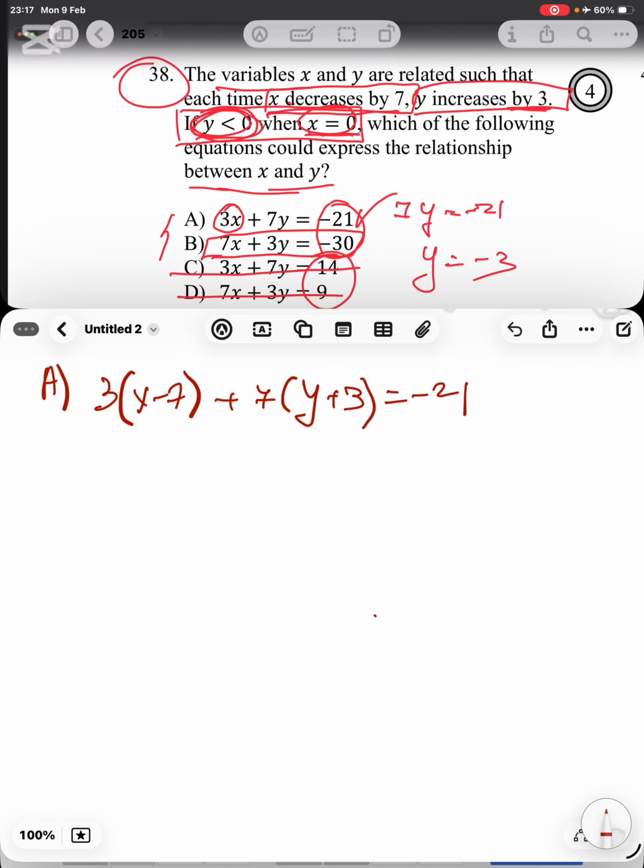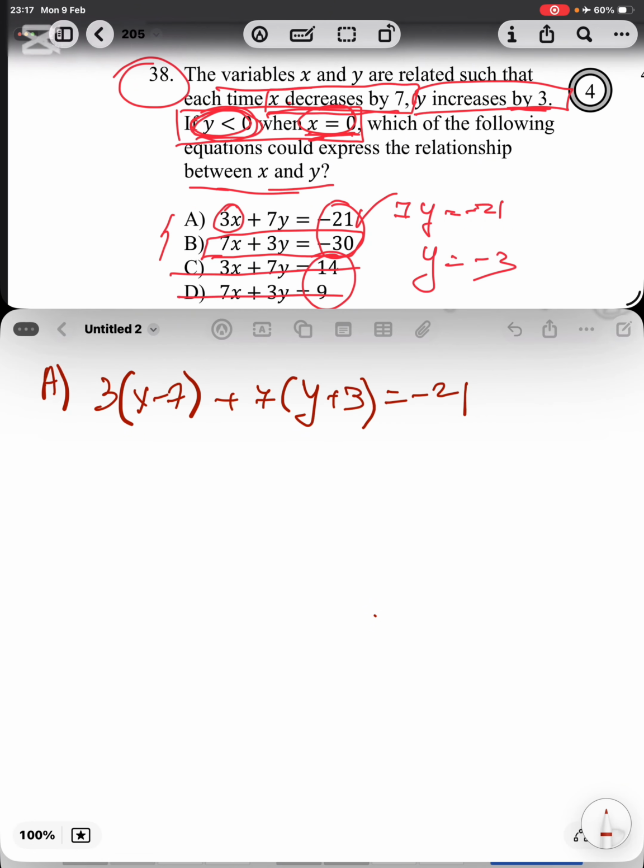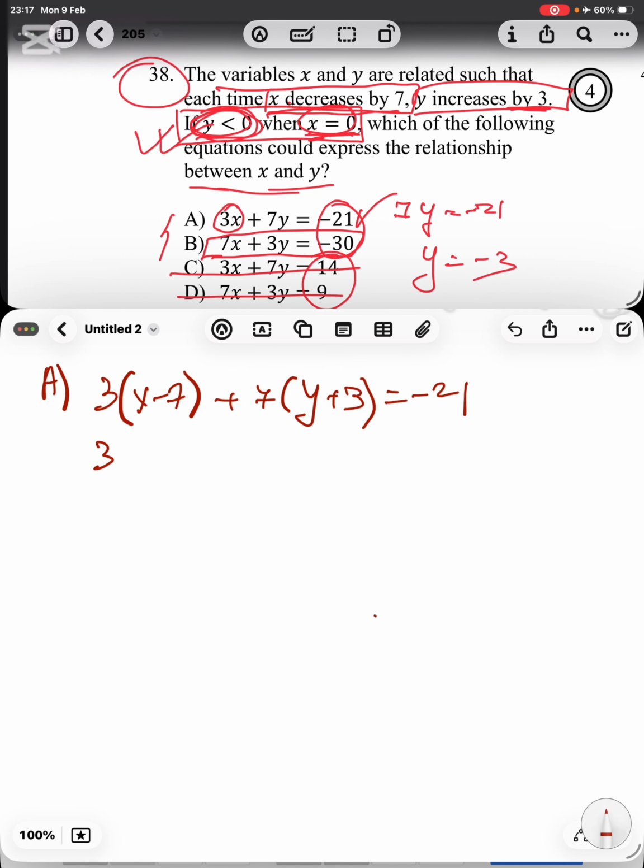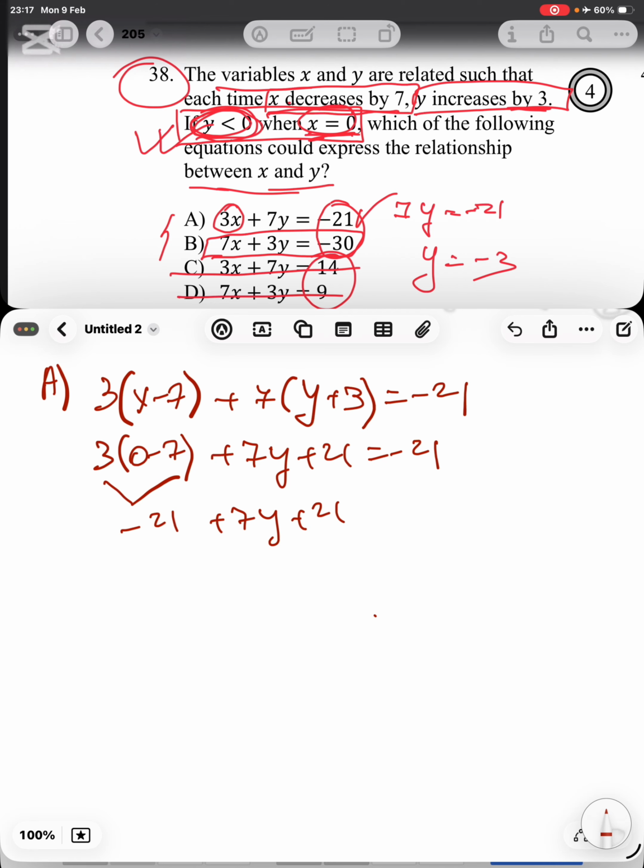In this case, what do we have to do? Again, we have to insert 0 for x, then the value of y is going to be less than 0. So now let's insert 0 here. Minus 7 plus 7y plus 21 equals minus 21. So it's going to be minus 21, right? Plus 7y plus 21 minus 21. We can simply cancel the same expressions because when you are given an equal sign, we can just cancel them.